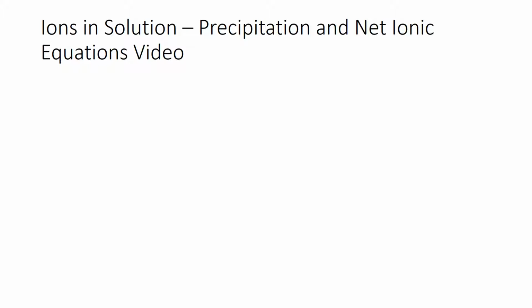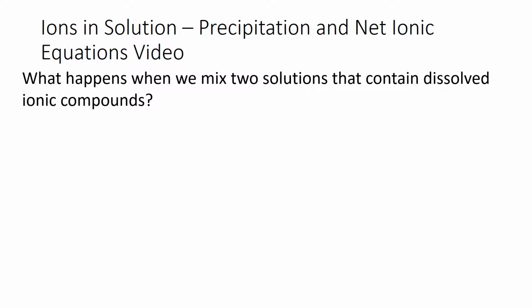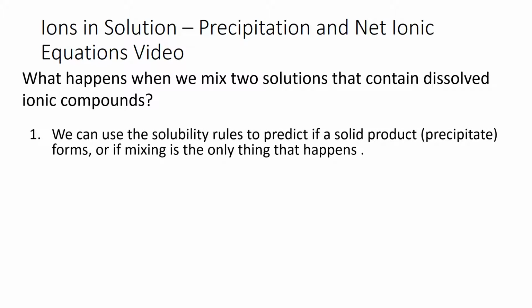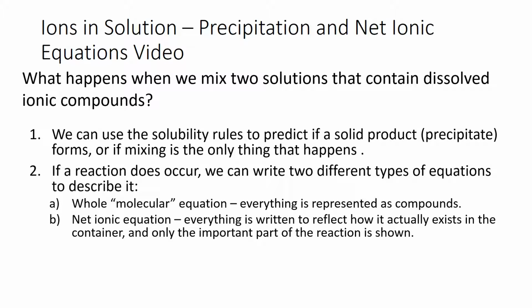The last video in this set covers precipitation reactions and net ionic equations. What happens when we mix 2 solutions? Well, in order to answer that question, we need to use our solubility rules. And if a reaction does occur, we've determined through our use of the solubility rules that it has happened, we'll be able to write 2 different kinds of equations for the reaction.